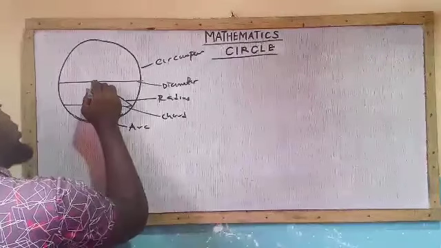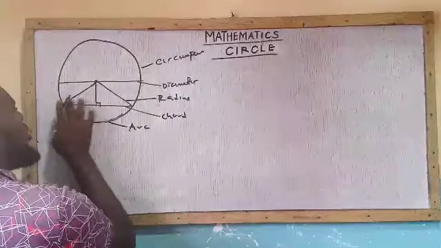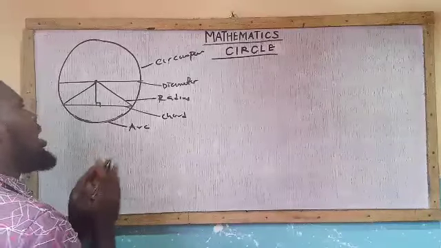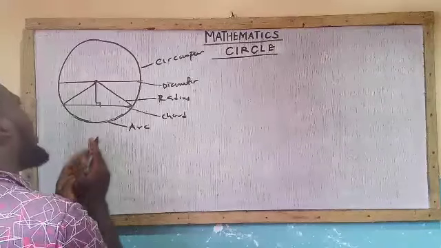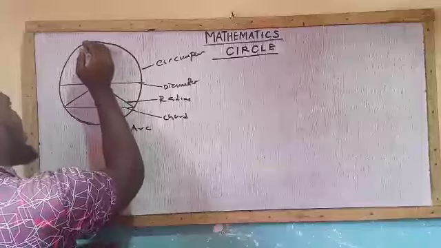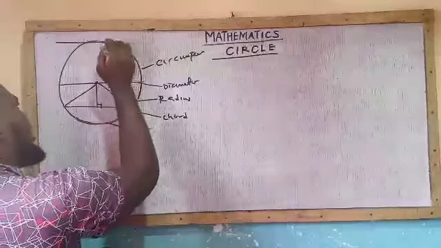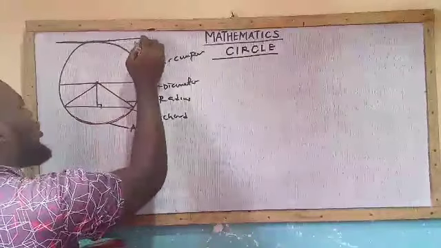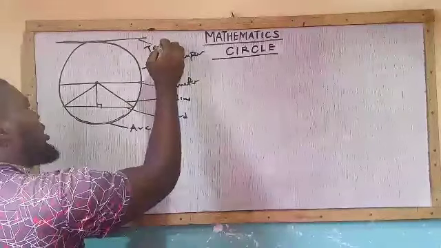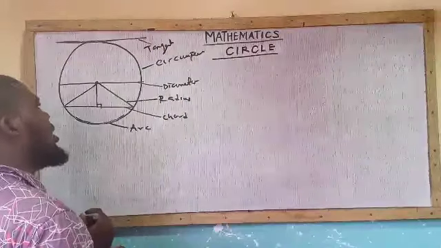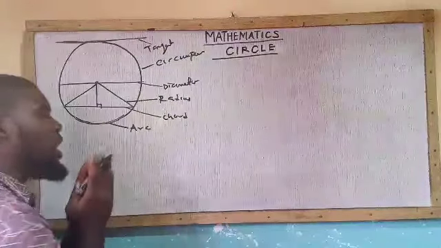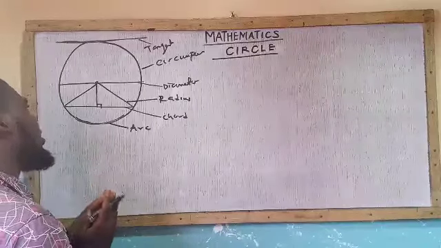If I draw another radius, that will give me two radii. Having this shape, any line that touches the circle at one point is called a tangent. Considering this circle, let's quickly see some analysis.